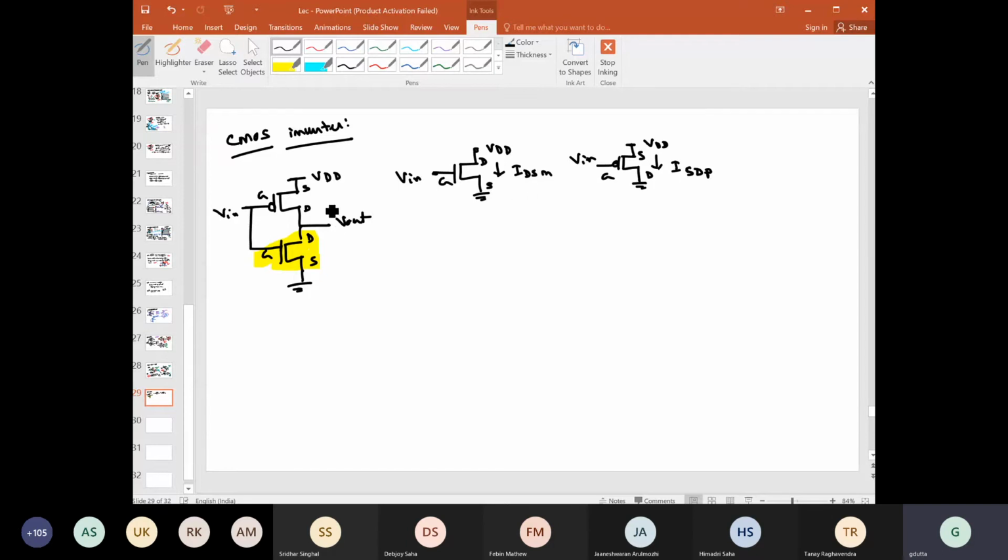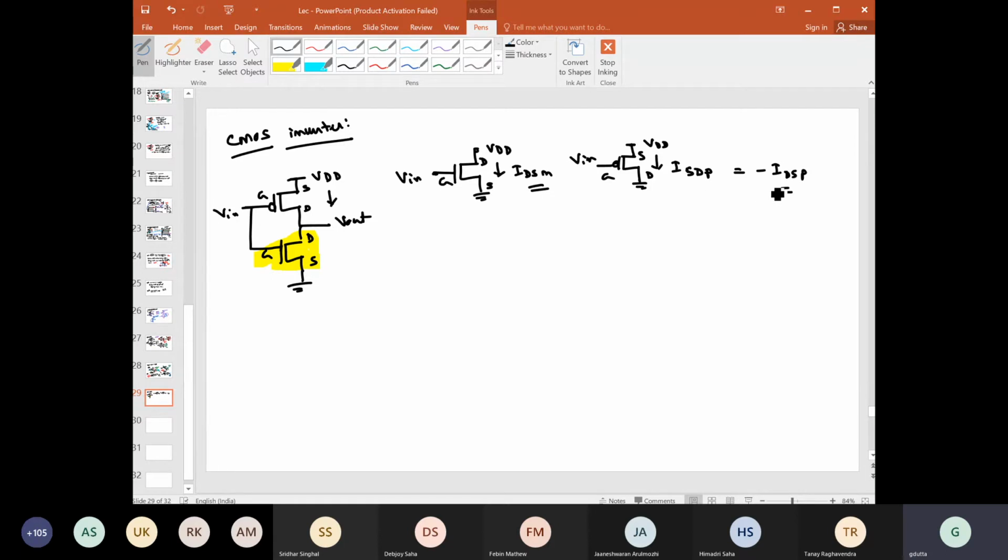But this is when we are drawing it individually. Actually the same current has to flow through both the transistors. So if we reverse it, if we consider IDSN equal to minus IDSP, then we can equate both as IDS flowing from drain to source.